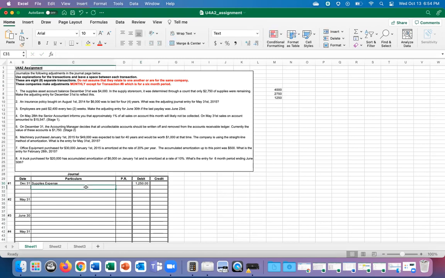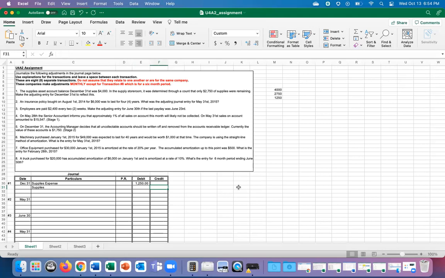Our other account is just going to be the regular old supplies account. And that one is under the asset category, right? And so we are decreasing the amount in our supplies account because we lost that amount of supplies. Since it's an asset and it's decreasing, that means it's going to be a credit.